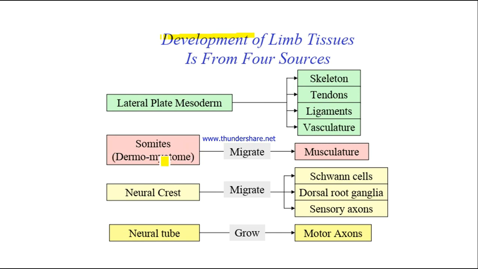The somites, or the dermamyotome, is going to migrate to form the musculature. The neural crest is going to migrate and form the Schwann cells, the dorsal root ganglion, the sensory axons, and then the neural tube is going to grow and form the motor axons.